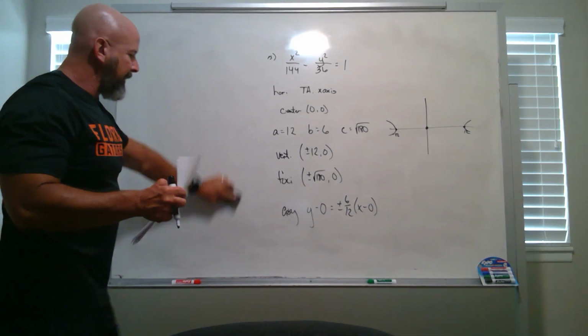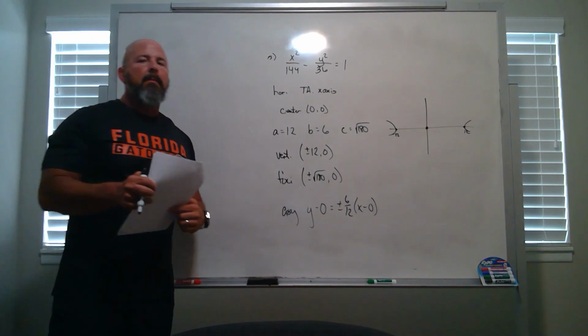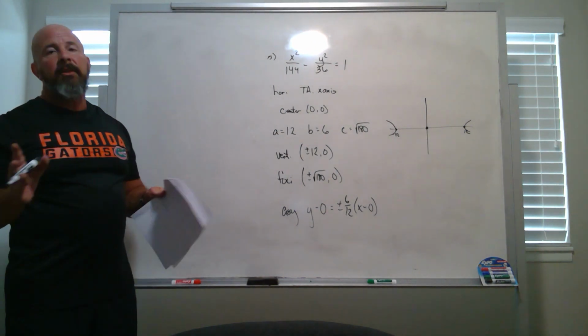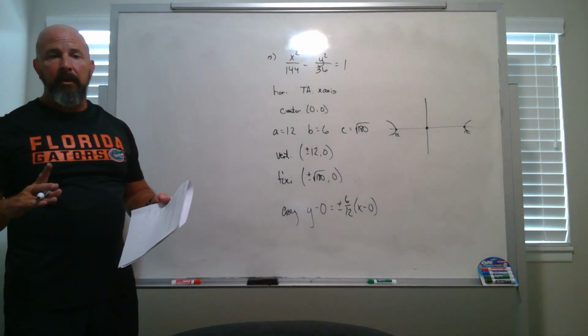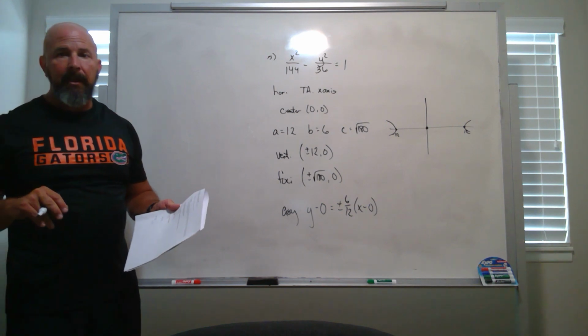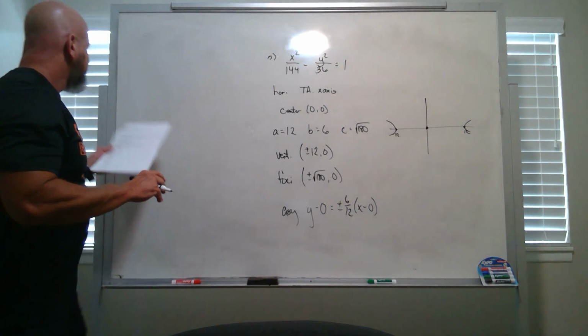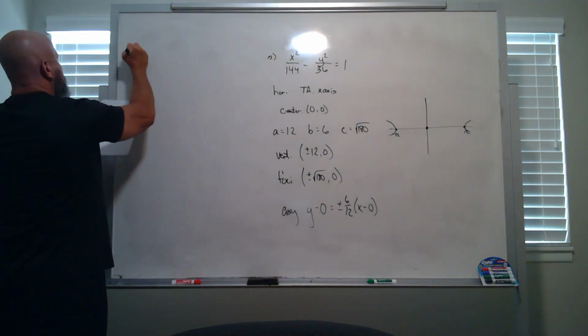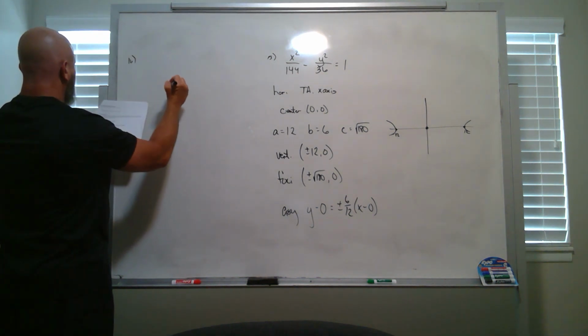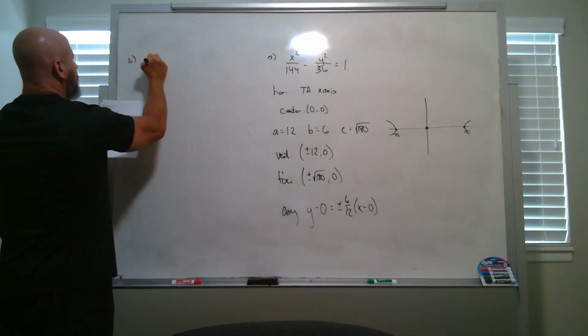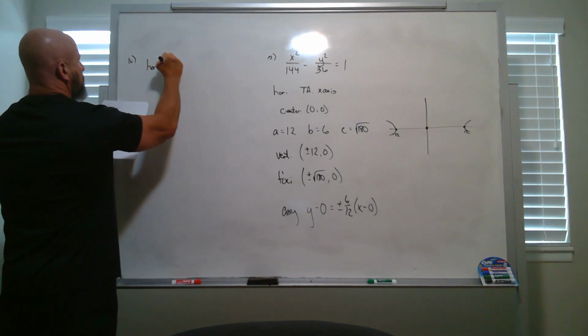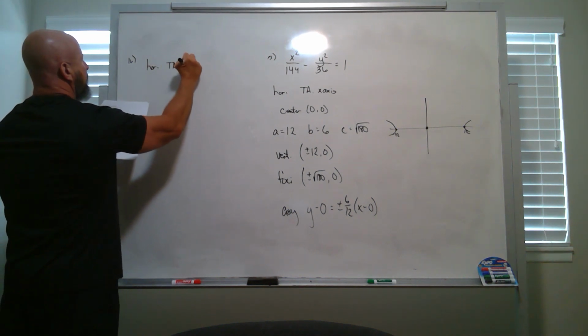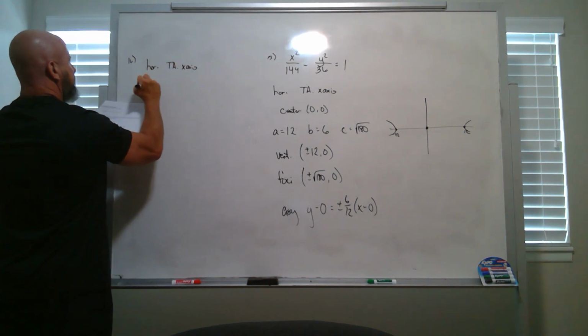16, next one. 16, same idea. Just the center moves away from 0, 0. Sometimes that can make it a little bit more of a fit for us. So on 16, I again know it's horizontal because x is first, so the transverse axis is the x-axis.